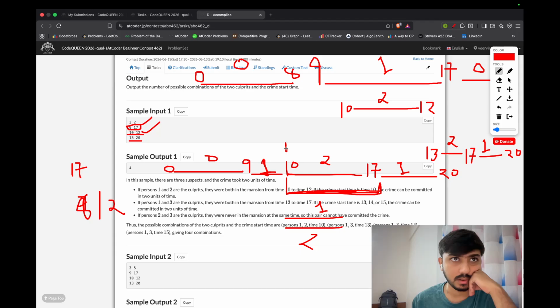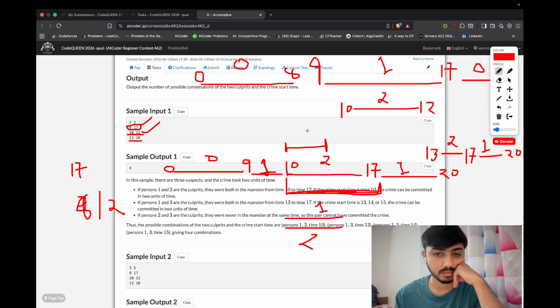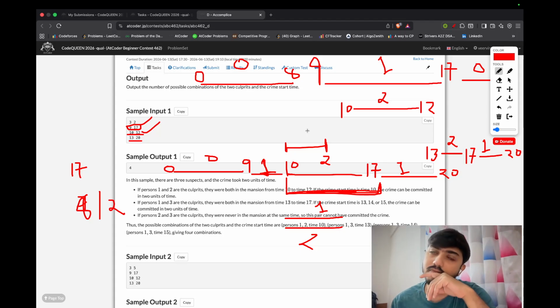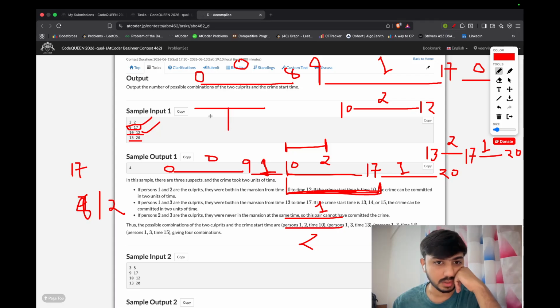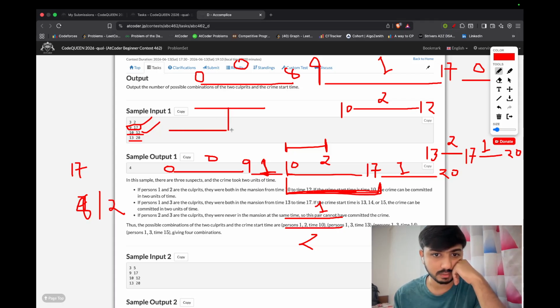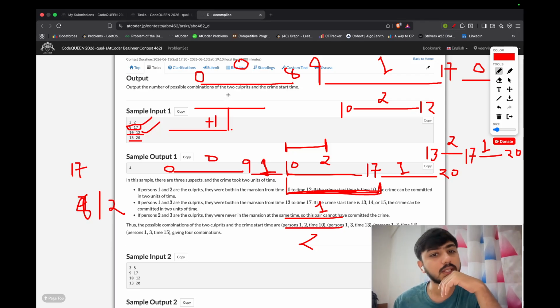So I can start at 10 and 12. I know there are 2 persons, but the case is this is 2, but the addition of 1 is coming from one interval and another plus 1 is coming from another.